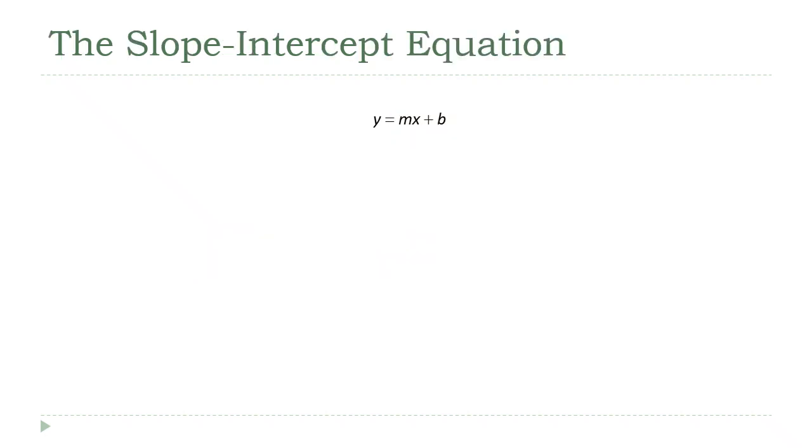So when we have an equation in this form, where we've solved it for y, so it looks like y equals something, this is what we call the slope-intercept form of the equation. I think of it as the nice form, because when you've got it in this form, you can get all sorts of information from it without doing any more calculations. You just pull out the numbers. The slope is the number in front of the x. The y-intercept is the other number.